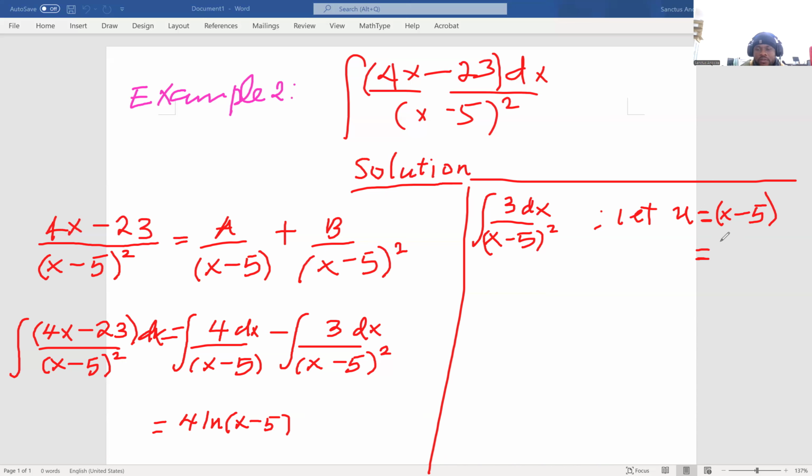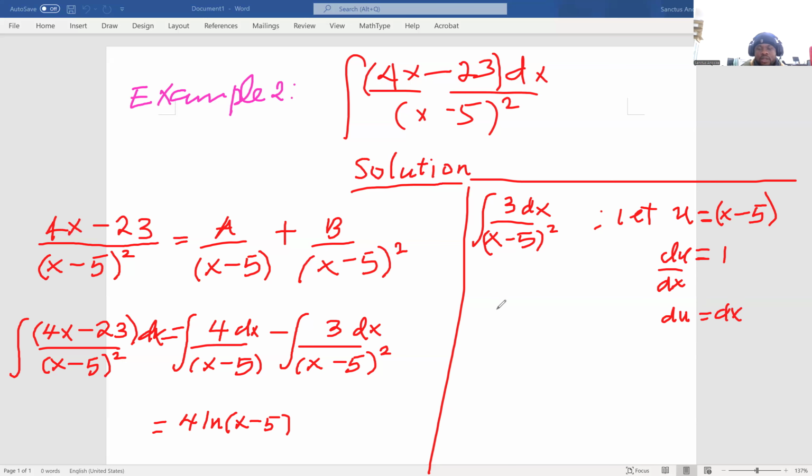Now, right here, we have u to be this, so that means du over dx is equal to 1. So du is equal to dx.